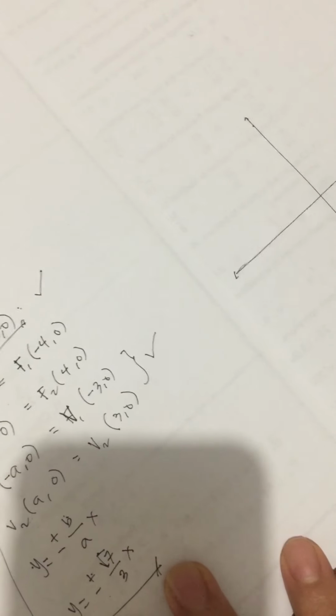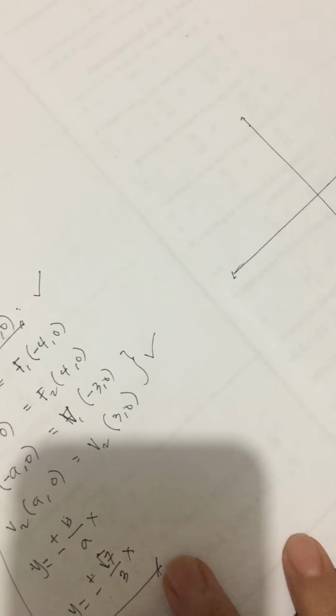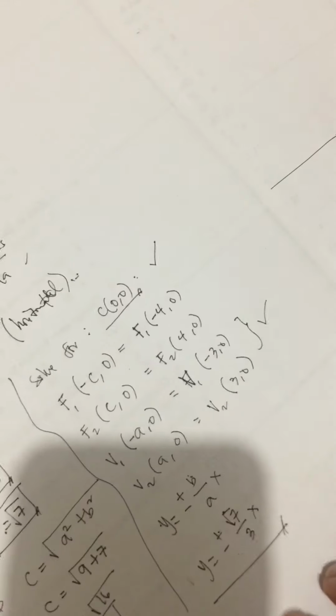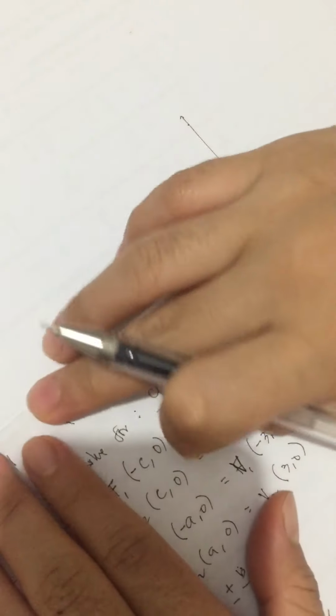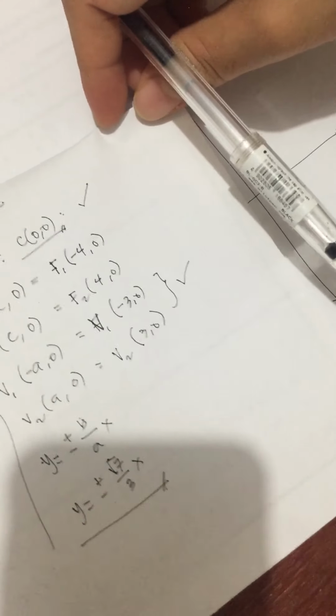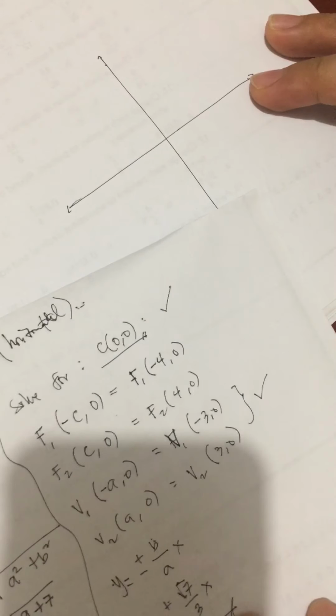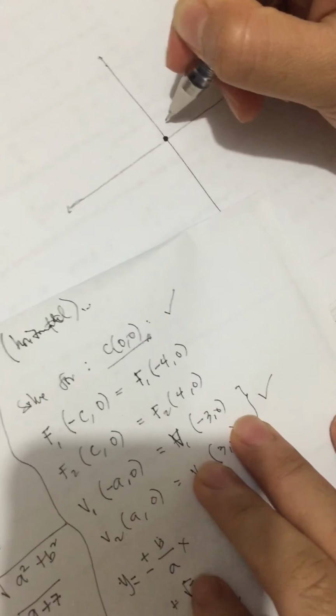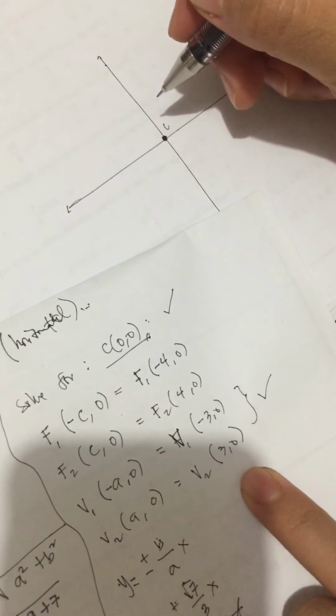And then, locate your center that is at the origin. Kita ba? Okay, ay ganyan yung position. So, center is 0, 0.